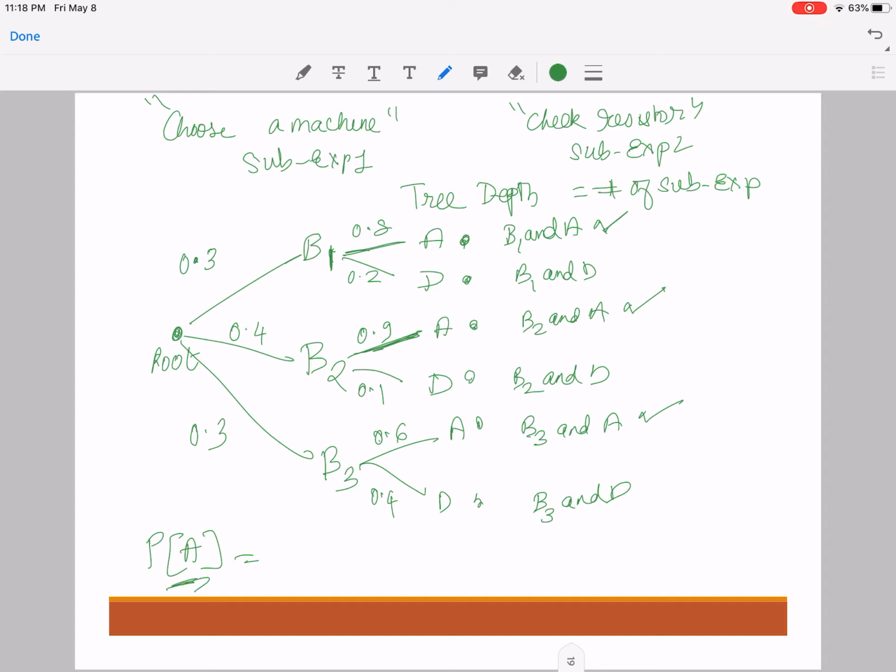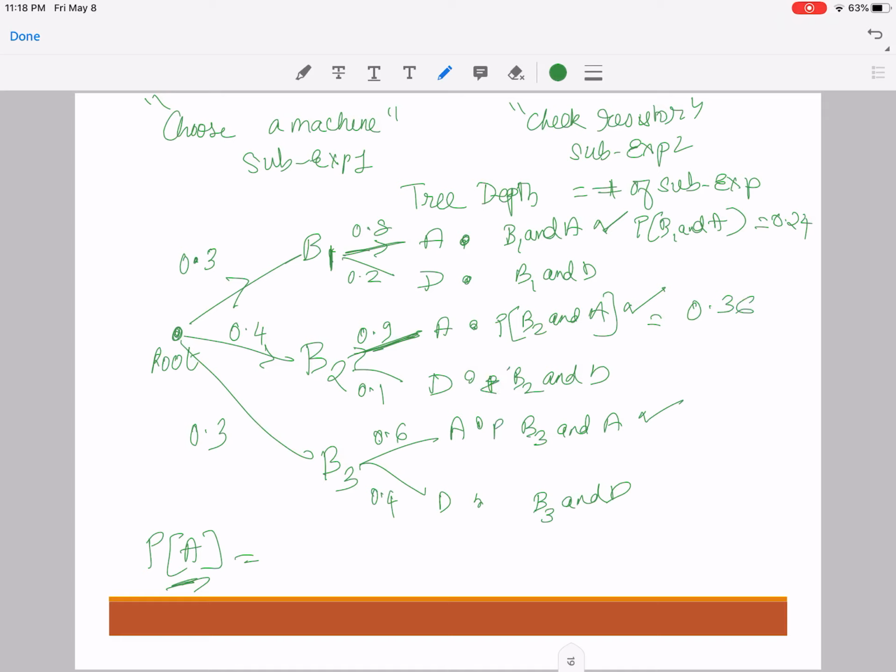So in order to find this probability, I need to add the probabilities of these leaves. And further, to find the probabilities of these leaves, I need to trace the path from the root all the way to these leaves. So for example, probability of B1 and A is going to be 0.3 times 0.8, giving me 0.24. Probability of B2 and A is going to be 0.4 times 0.9, giving me 0.36.